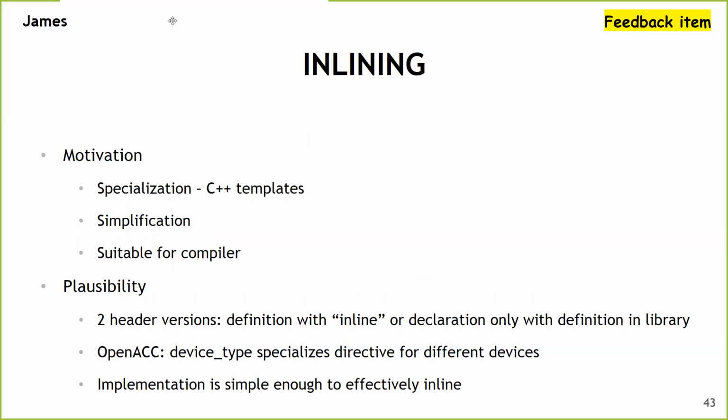Okay, and then inlining. Everybody knows what inlining is. We do it all the time in compilers to try and specialize code, get rid of call overhead, and propagate constants into your code so we can do things more efficiently. The same thing is true of the interfaces that we're talking about here.